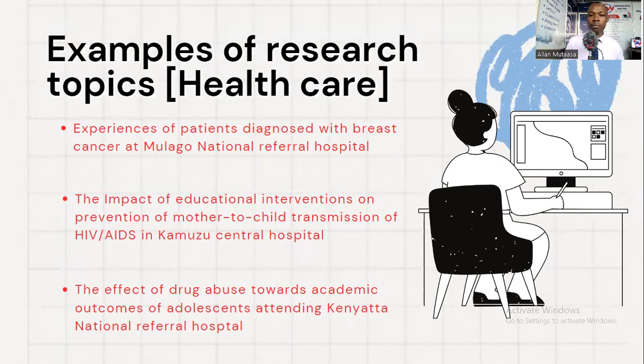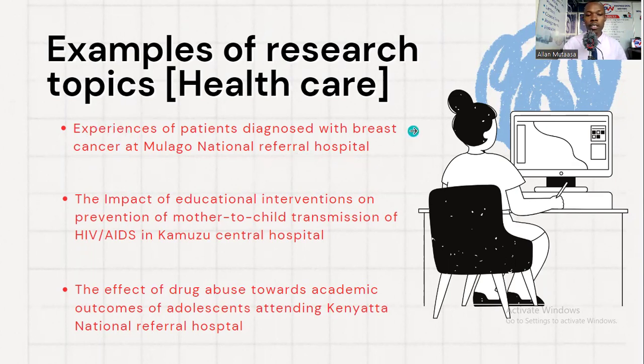I also chose some examples in healthcare. Experiences of patients diagnosed with breast cancer. You'll see that now the way we have phrased this topic is a bit different. So experiences of patients diagnosed with breast cancer at Mulago National Referral Hospital. So this is a bit different. What we want to understand are the experiences, and that is our dependent variable.